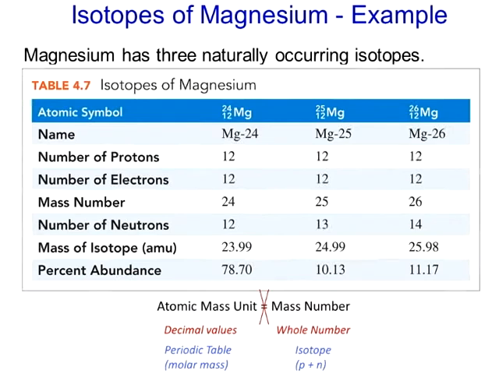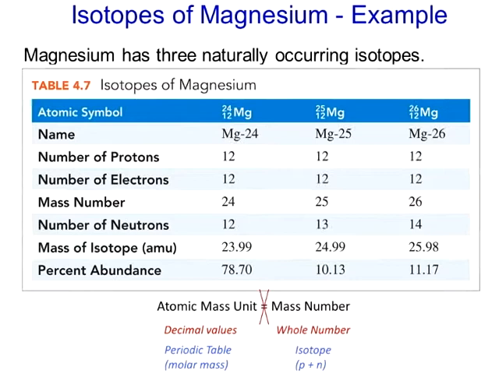Now, to help the concept of AMU, atomic mass unit, make sense with mass number, we show you this example of magnesium with 3 of its isotopes. You would have magnesium 24, which is atomic number 12, therefore 12 protons. You'd have magnesium 25, a higher mass number, and 26, a higher mass number. And note that the number of protons does not change. They're all 12.